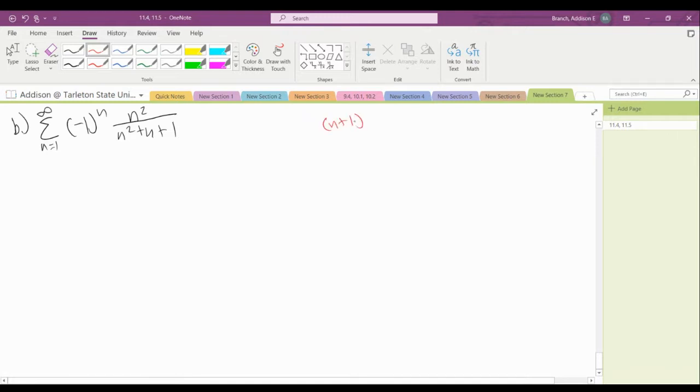So n plus 1 squared over n plus 1 squared plus n plus 1 plus 1, which is n squared plus 2n plus 1 over n squared plus 2n plus 1 plus n plus 1 plus 1.